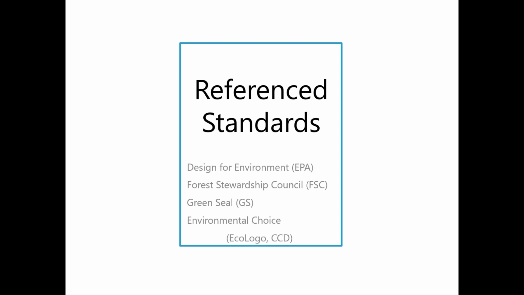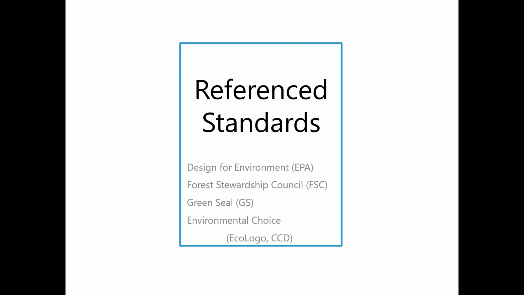So products that have the Design for the Environment seal from the EPA, products that are FSC or Forest Stewardship Council certified, maybe those paper products that are made with FSC content, all our hand soaps, we want those to be Green Seal certified, and also the Environmental Choice certification standard.